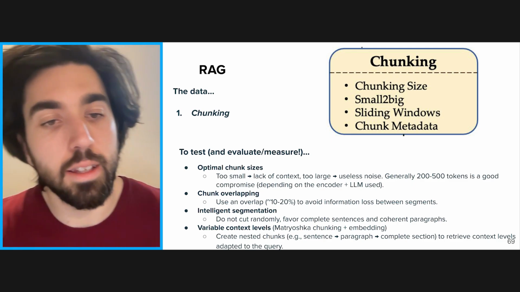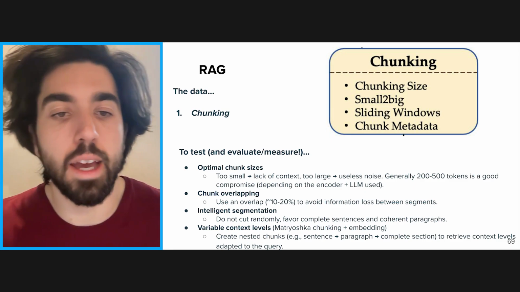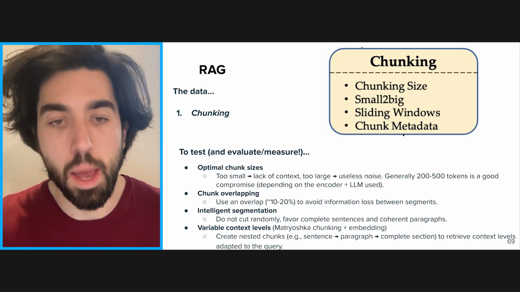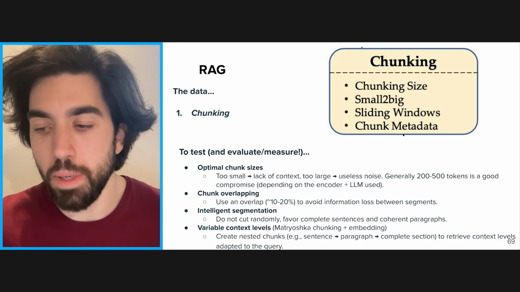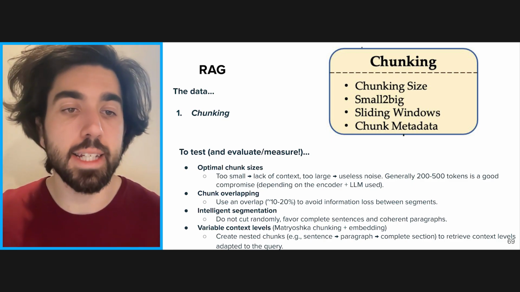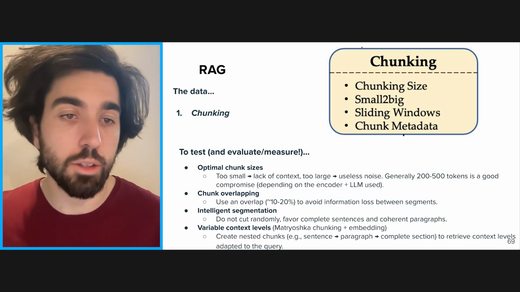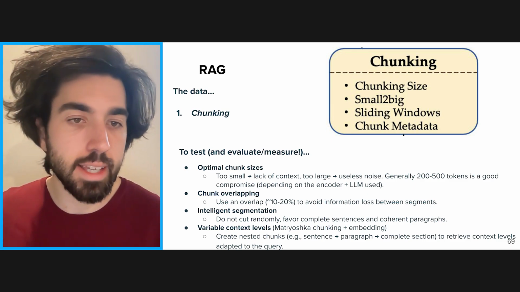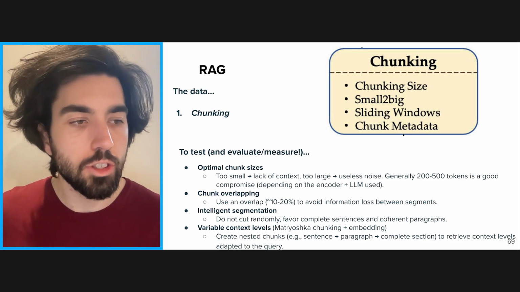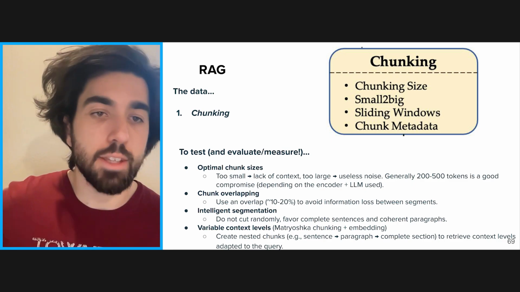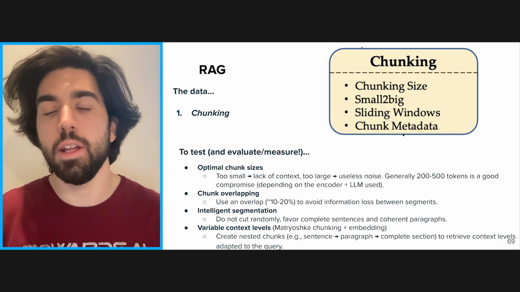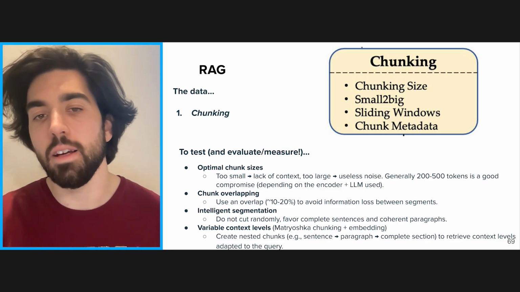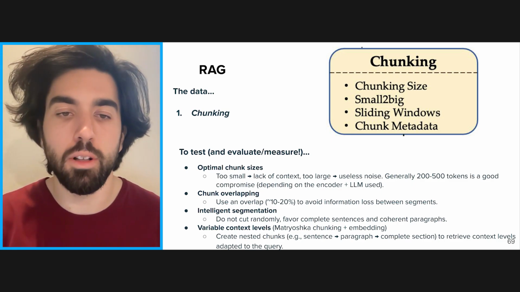Then you can do this Matryoshka type of compressing with embedding. This is a bit more complex, but basically you would have multiple encoders that encode the same chunks at various levels. One chunk would, as we said in the first course, produce an embedding which has thousands of values, for example.